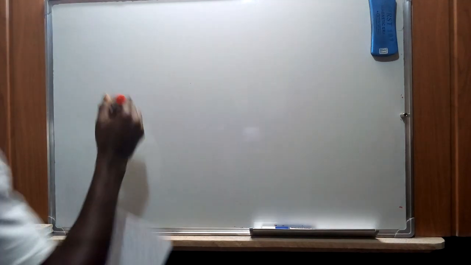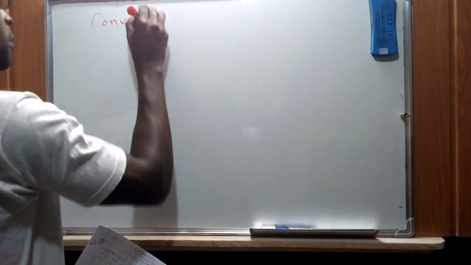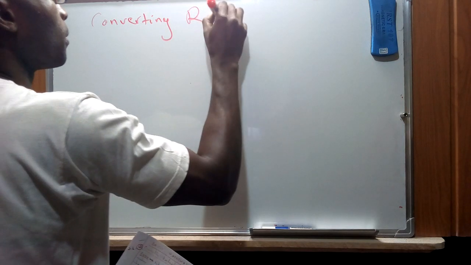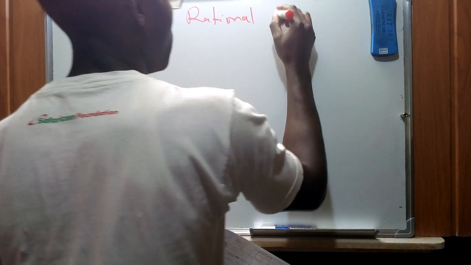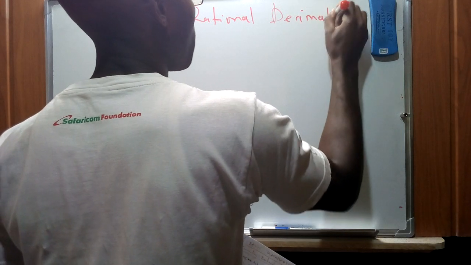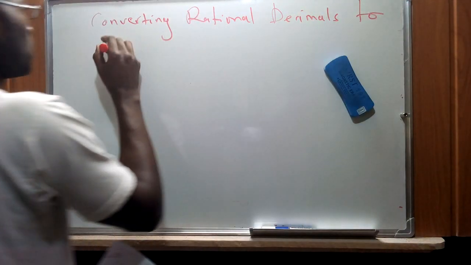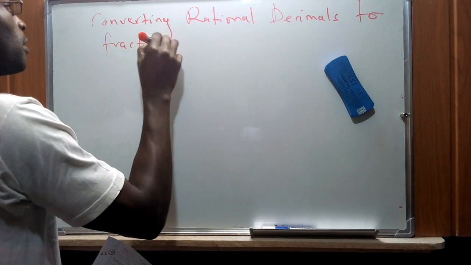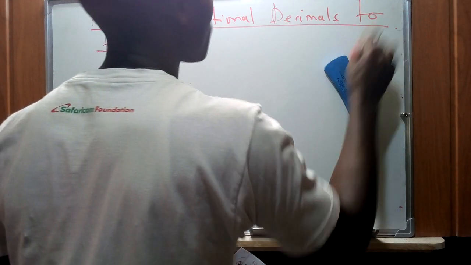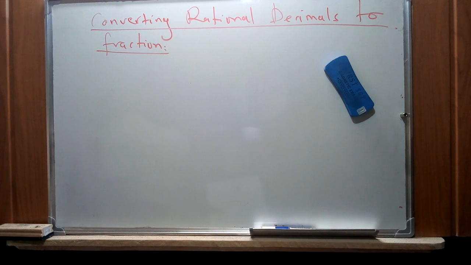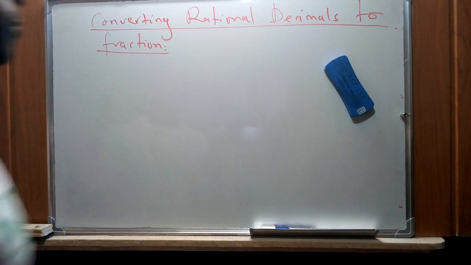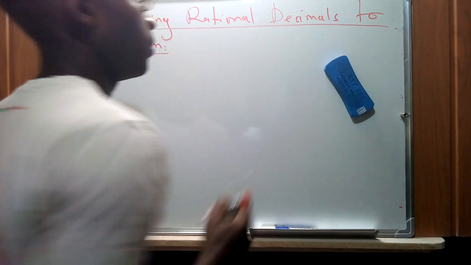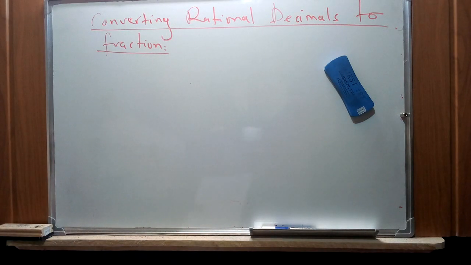So the subject today is a topic in basic mathematics, and that is converting rational decimals to fractions. In our discussion about rational numbers, or the general concept of numbers, we talked about different categories of numbers in one of our videos concerning the topic of numbers.